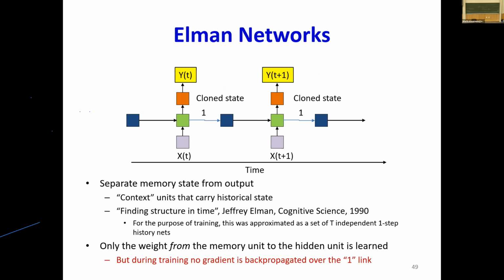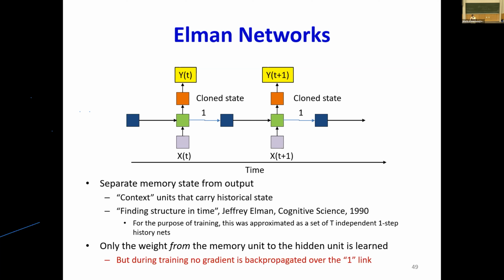This was what was introduced by Jeffrey Elman back in 1990, where at each time he clones the hidden state. The hidden state is shown in green. He just makes a copy of it at each time and stores it inside the network. And that is provided as an input to the next instant of the net, for the computations at the next instant.